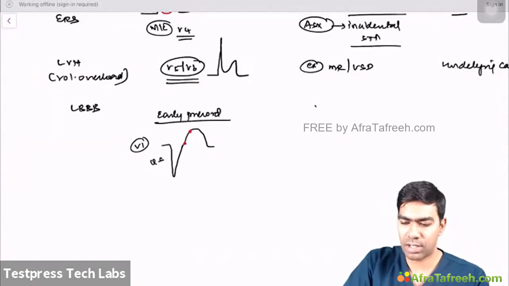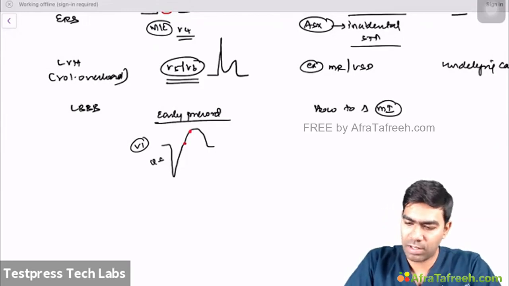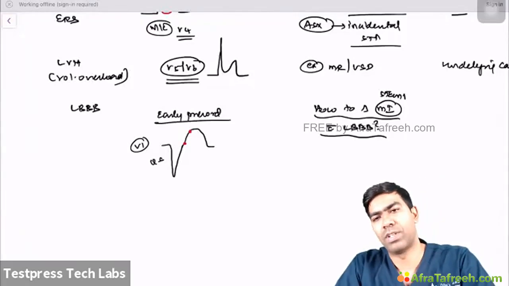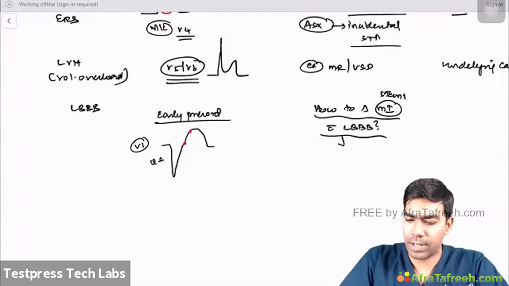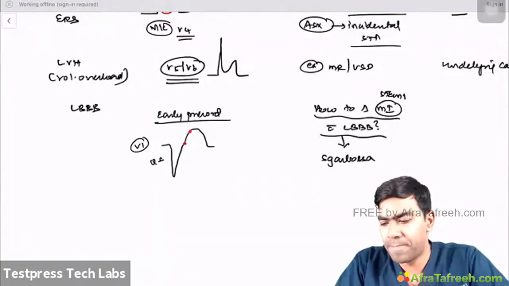The importance here is how to diagnose myocardial infarction, especially a STEMI, in the presence of left bundle branch block. This is what is going to be important. For this, we have something called the Sgarbossa criteria.